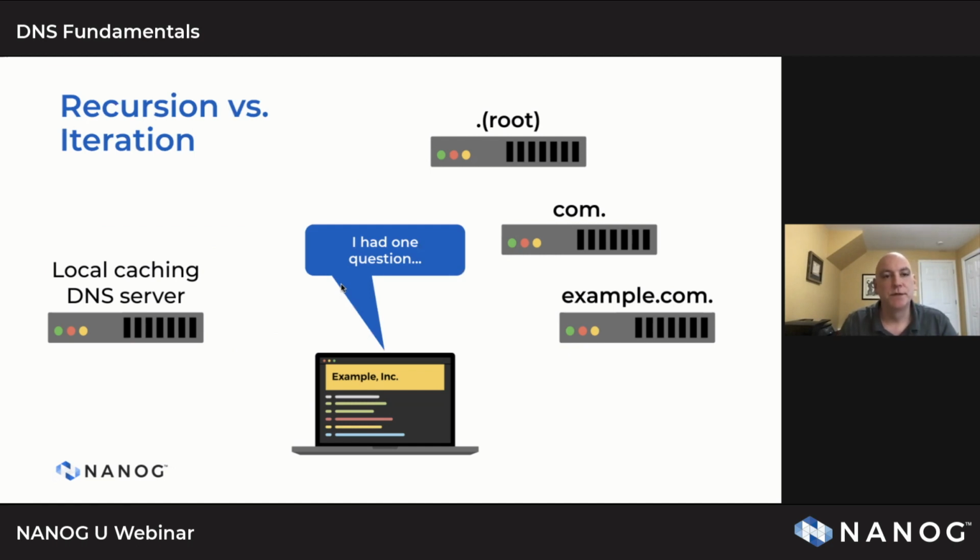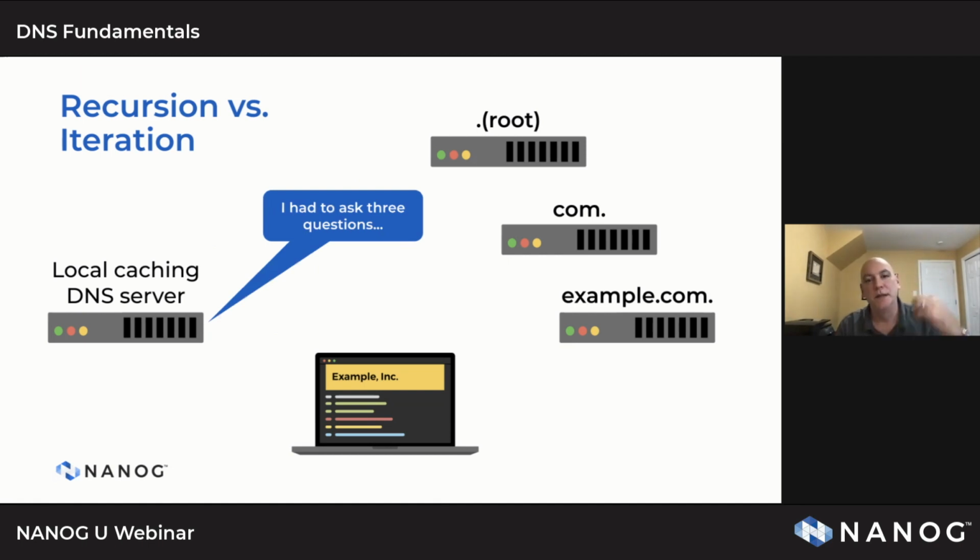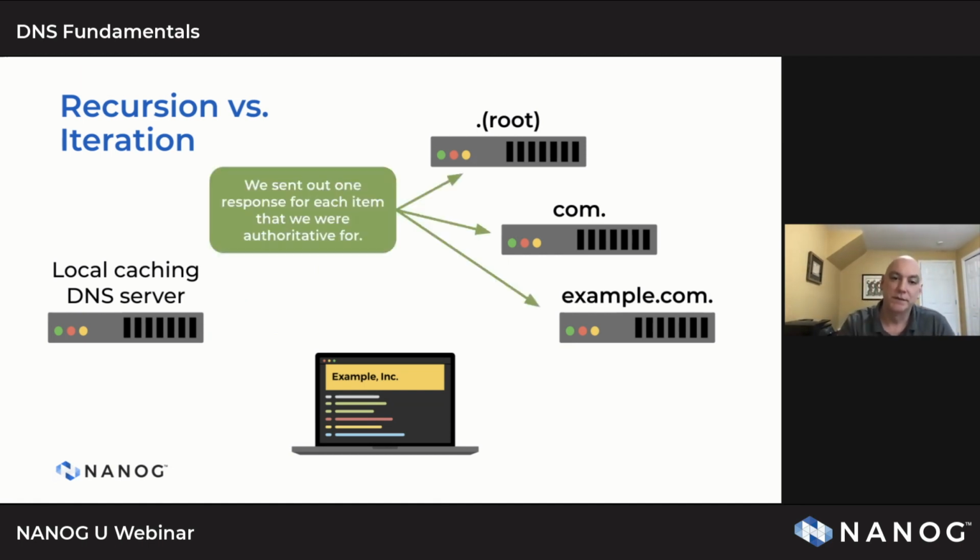So recursion versus iteration, right? So this is recursion and iteration. You'll see a lot in DNS terminology. And in this case, for this client, the client had one question, right? In the first case, the resolver had to ask 3 questions. Each of them sent data that they were authoritative for.